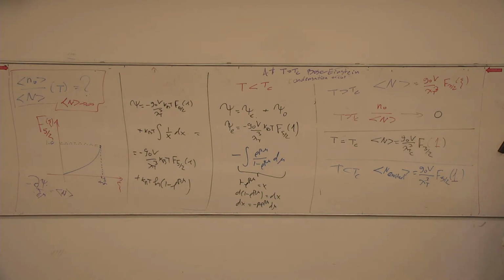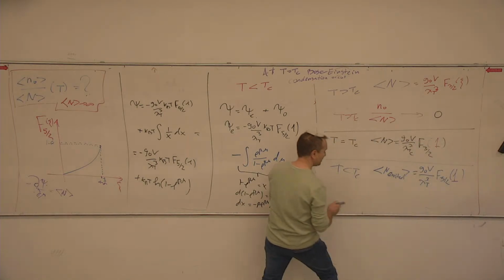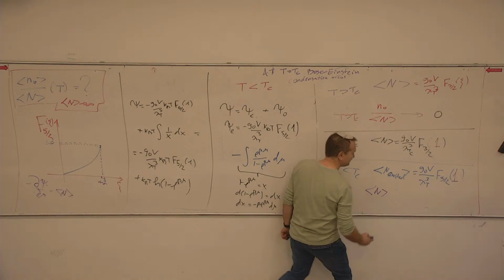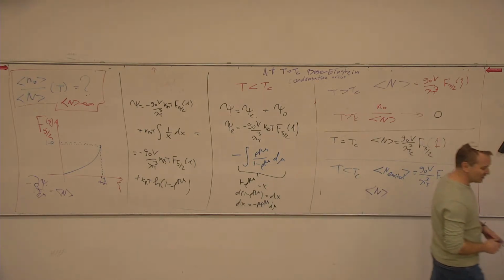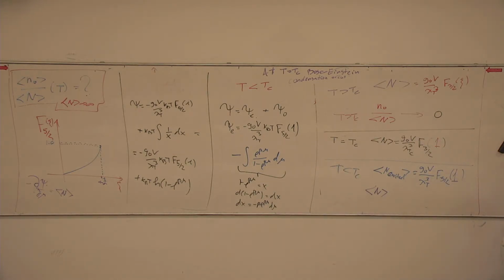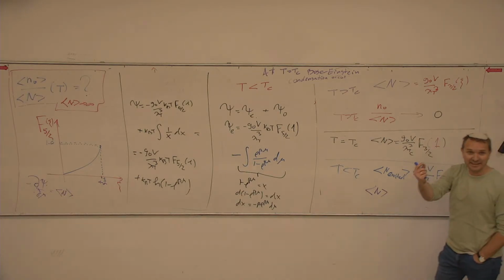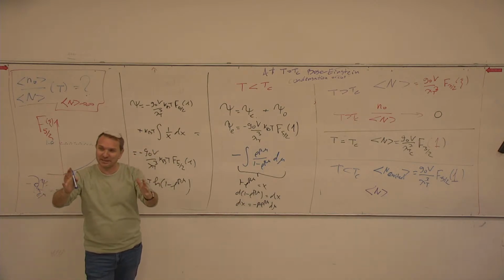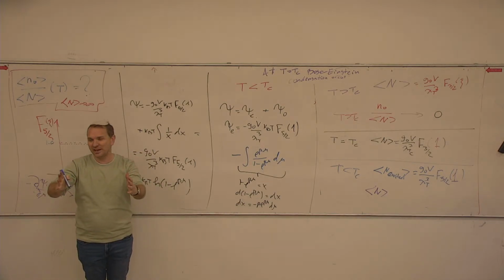Now, this is excited, but what is n? What is the average number of particles at low temperature? This is the same average number as it was for the critical temperature, right? Because what's the idea? We bring a lot of particles into the box. We don't let them escape. So we know the average number of particles, approximately.